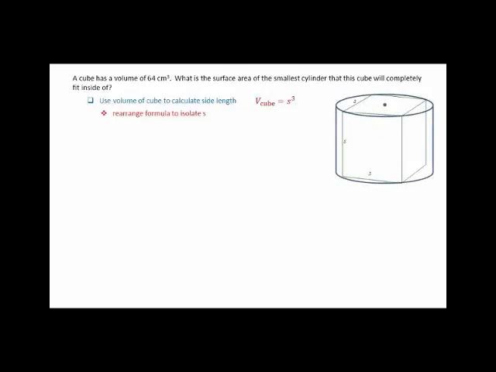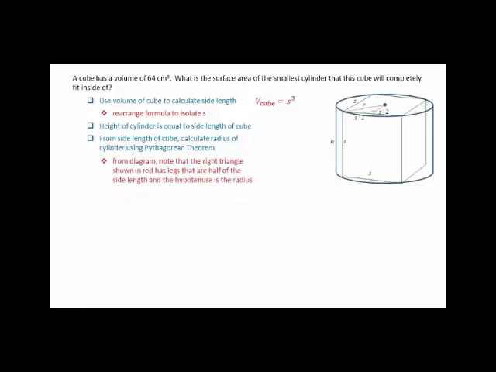For the cylinder, note that the height of the cylinder is exactly equal to the side length of the cube. From the side length of the cube, we can also calculate the radius of the cylinder using Pythagorean theorem.